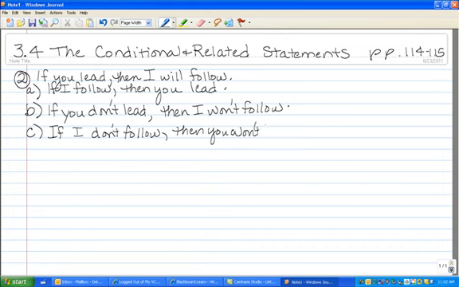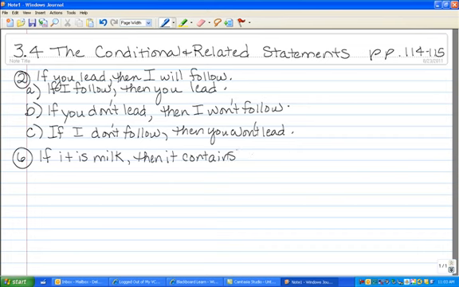Okay, number 6, milk contains calcium. So that would be, if it is milk, then it contains calcium. So that's one of the ones we have to reword in if-then form.